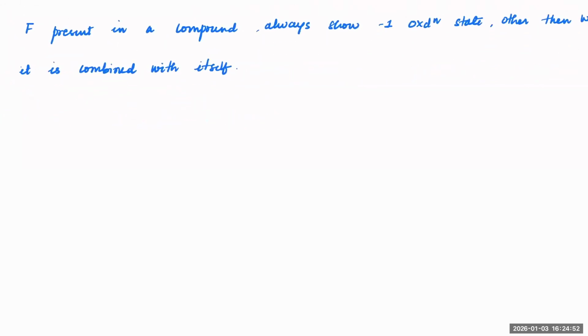Got it? Which means if you have F and F, then it is 0. But if it is F and any other element, it is always going to be -1 charge. Clear?